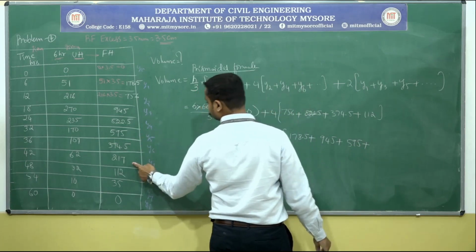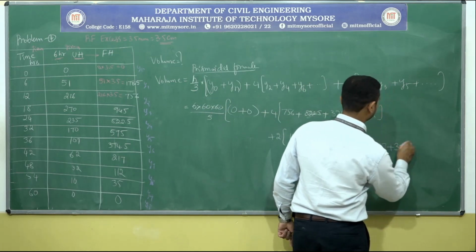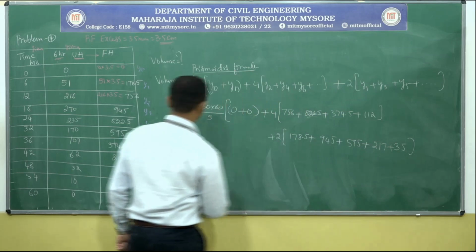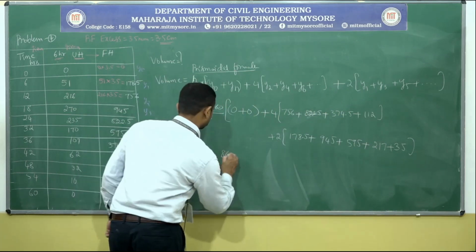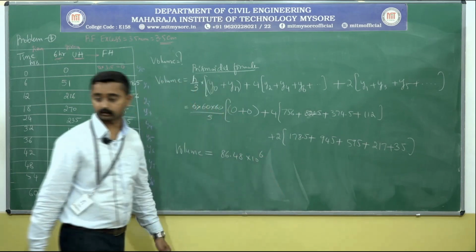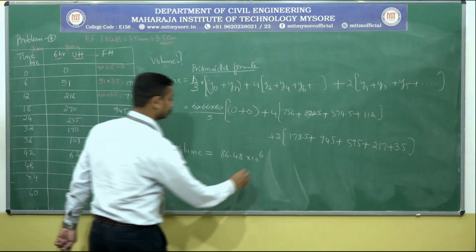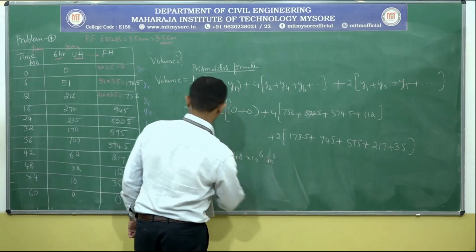Next 217, 35. After simplifying, you will get volume equal to 86.48 into 10 power 6 meter cube.